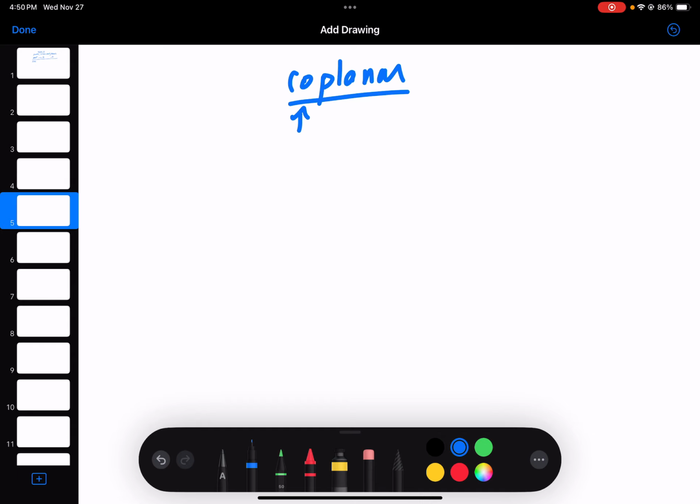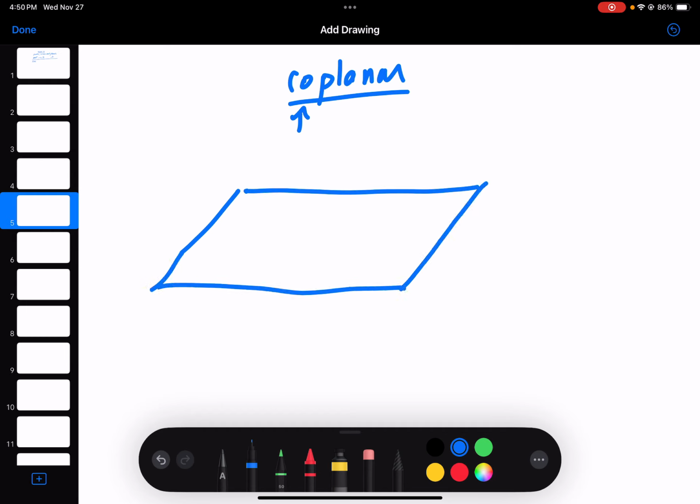So let's make a little drawing again. So the blue plane, and we'll make it green plane. Right? And let's stick some points on it.